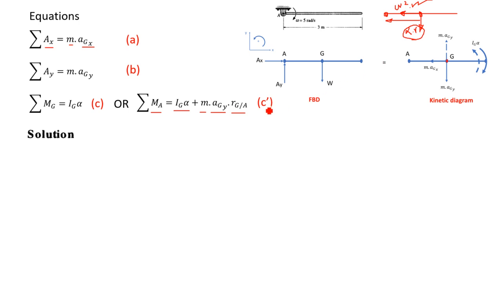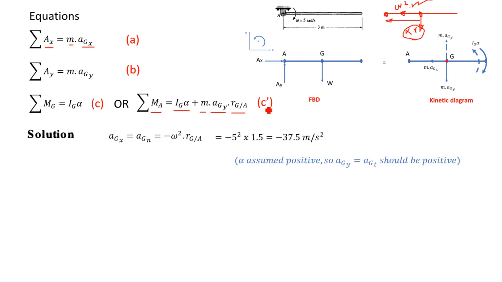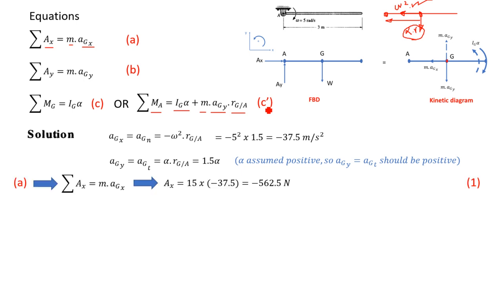So we can first do the calculation of the accelerations. We're going to find the normal and tangential ones, then substitute in the first equation. We can find the AX directly because it's only related to the normal acceleration, which is the AGX. And here we can find a relation between alpha and the AY.